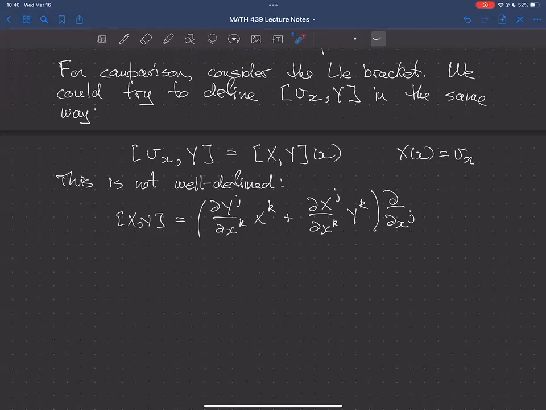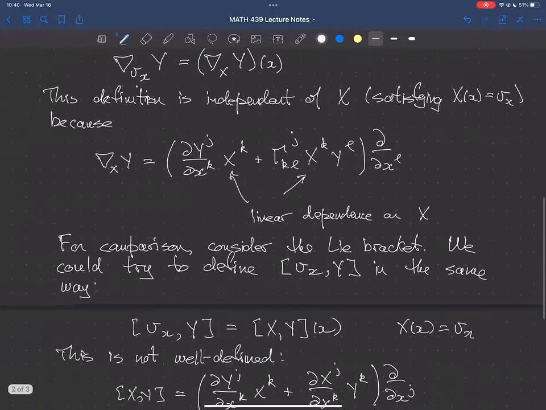So this prevents the validity of the definition. Okay. All right, so that's one thing you can do.